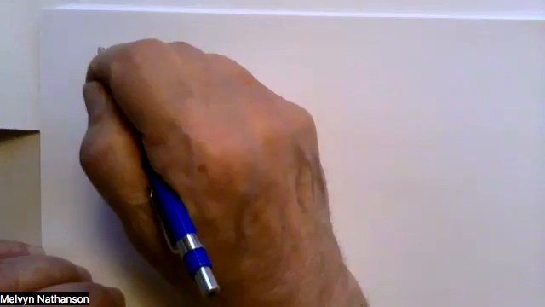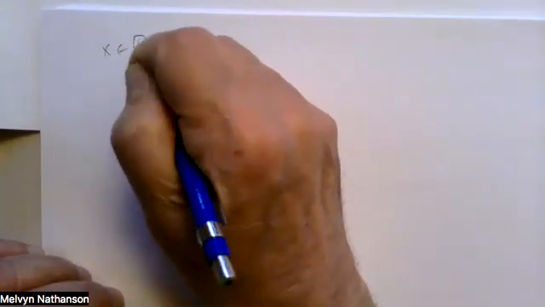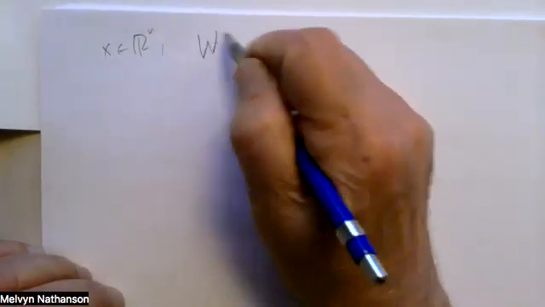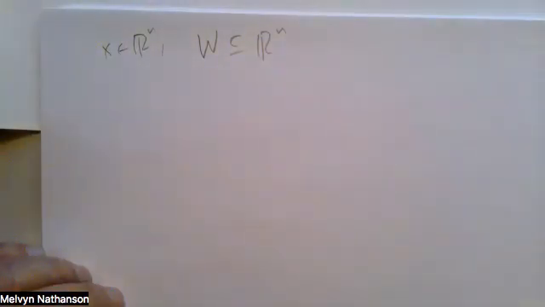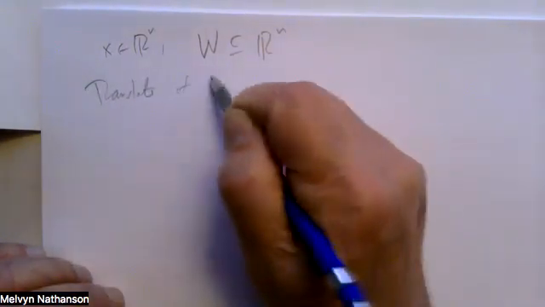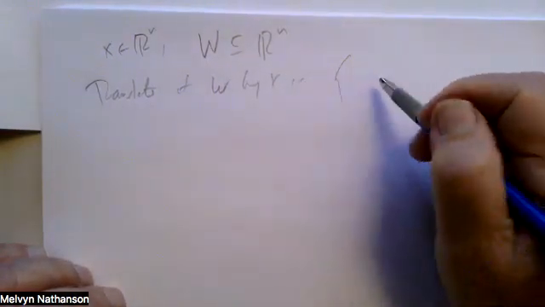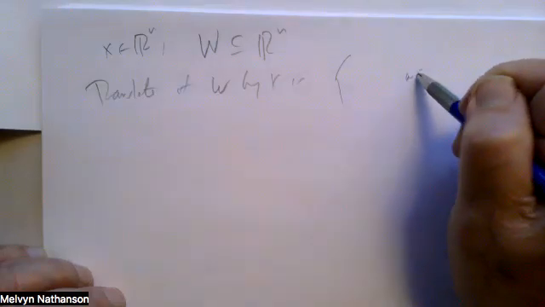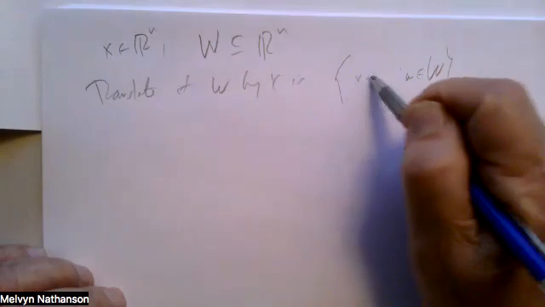If you take a vector, let's say x in Rn, and a subset W of Rn, then we have the translate of W by x. It's just the set where for every vector w in the set W, we take x plus w.